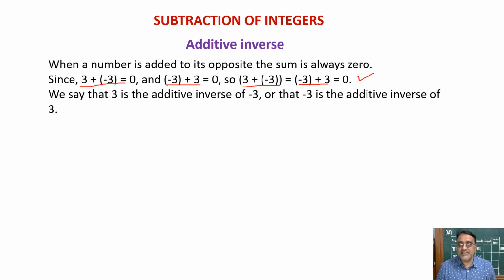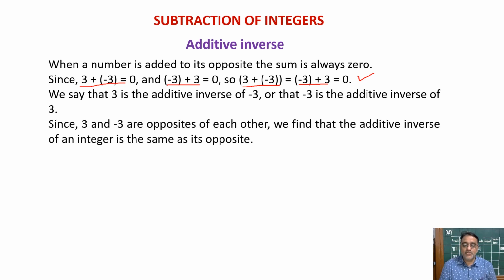Right? Now since 3 and -3 are the opposite of each other, we find that the additive inverse of an integer is the same as its opposite. कोई भी नंबर ले लो, जैसे 144. 144 का additive inverse क्या होगा? -144. -45 का additive inverse क्या होगा? +45.